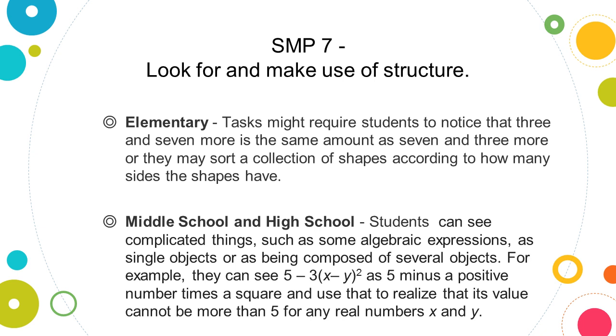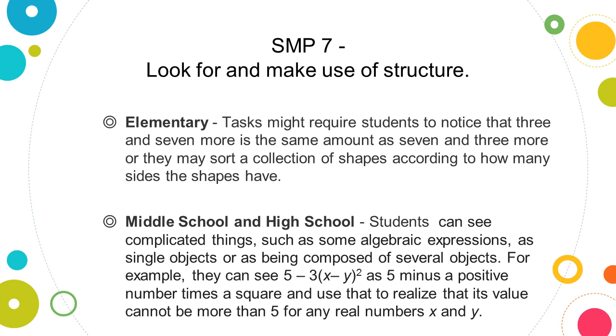Students recognize the significance of an existing line in a geometric figure, and they use the strategy of drawing an auxiliary line for solving problems. They can also step back for an overview and shift their perspective. Students can see complicated things, such as some algebraic expressions, as single objects or as being composed of several objects.